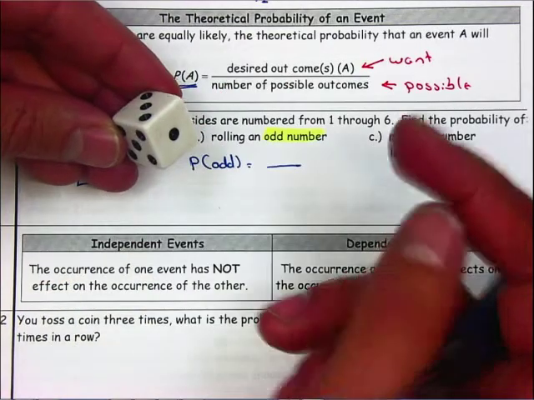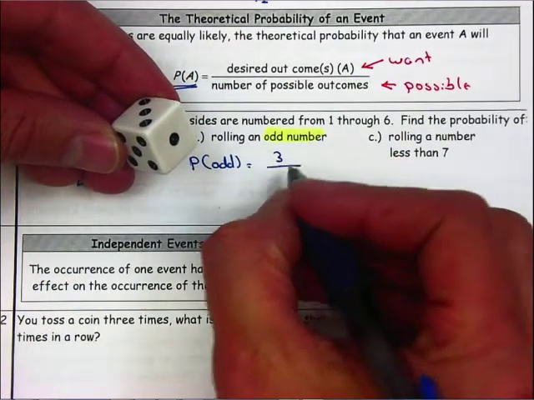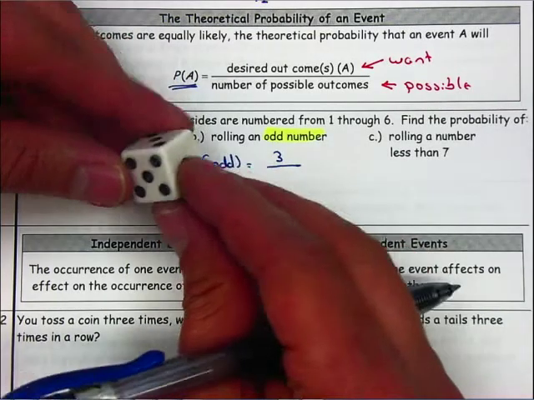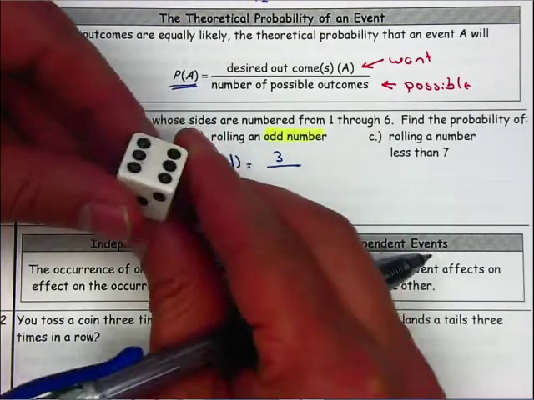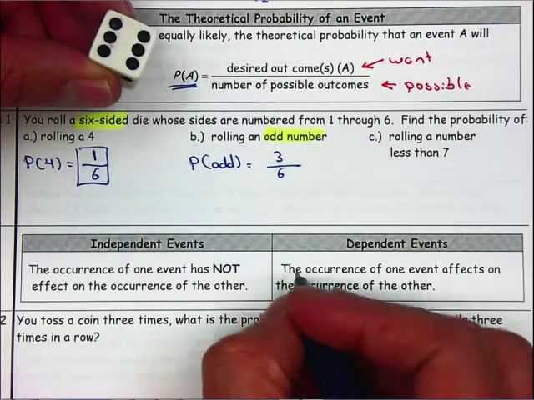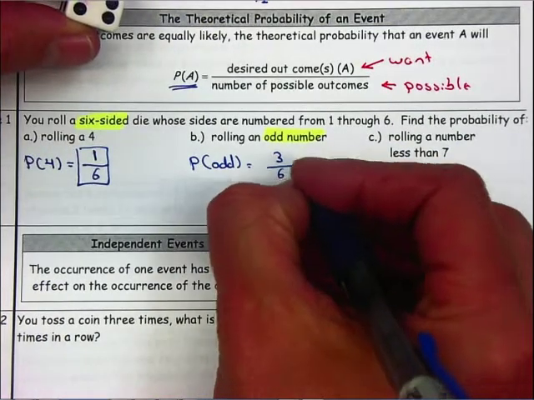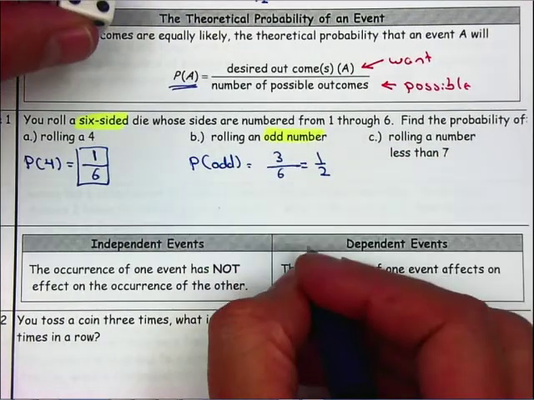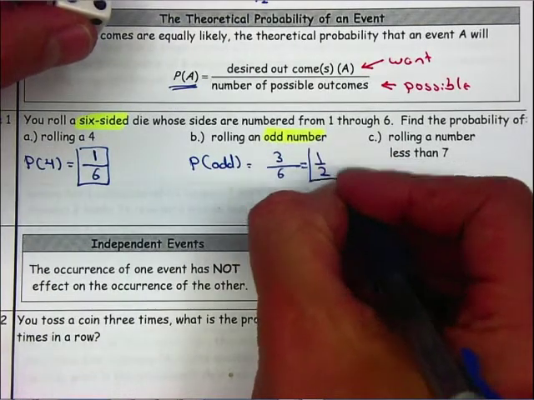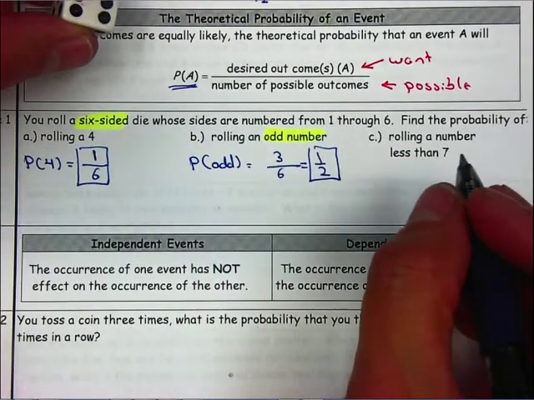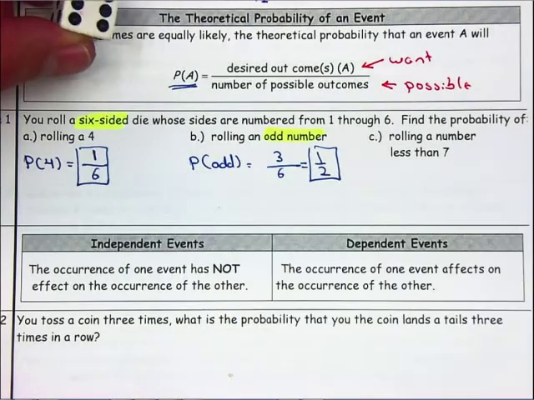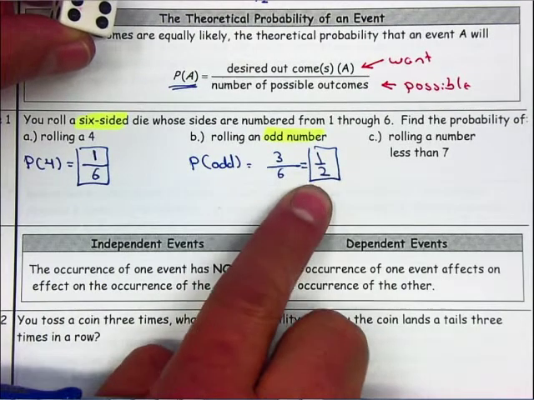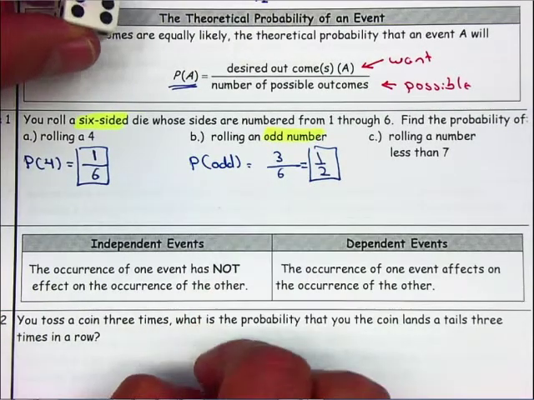So we have 3 odd numbers over how many different possible numbers? We have a total of 6. We can rewrite it as a fraction, which will be 1/2. If we convert it to a decimal, it will be 0.5. If we convert it to a percentage, it will be a 50% chance. But in this case, 1/2 will be perfect.